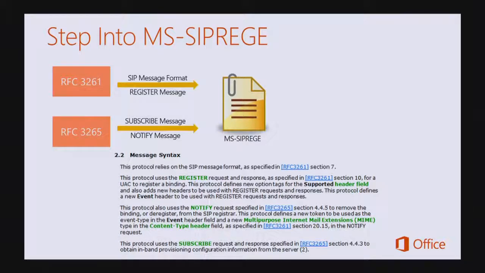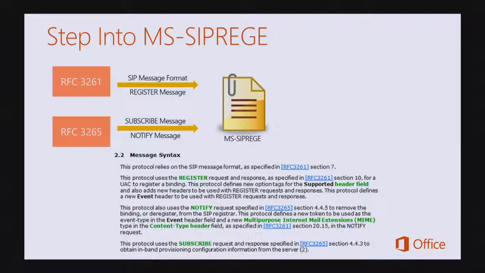This protocol has only four important messages. One is register, which tells the server you are online now. The second one is subscribe. What does that mean? Once you get online, you need to know the status of other users, whether they are available, whether they are busy, whether they are offline.